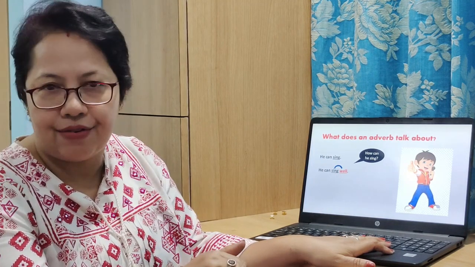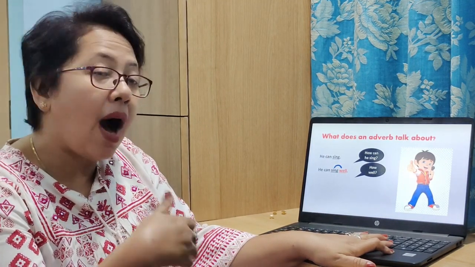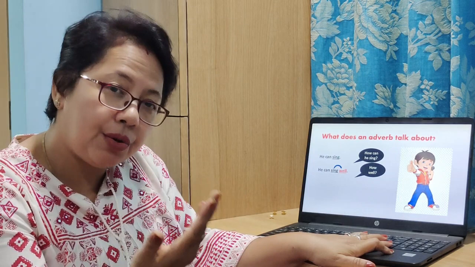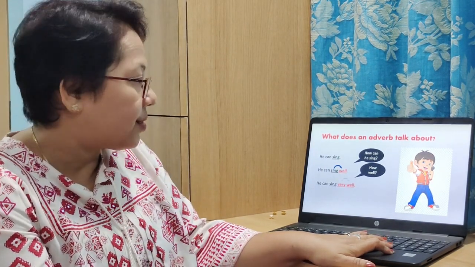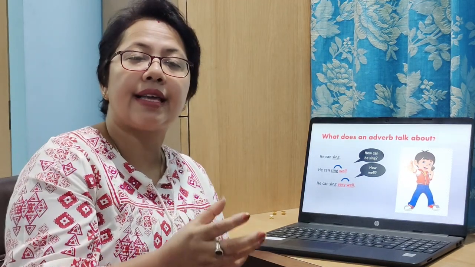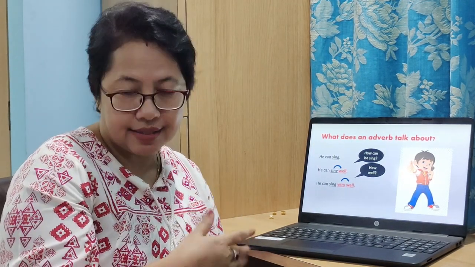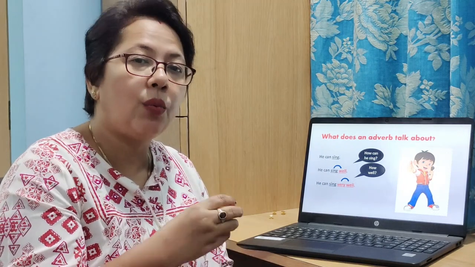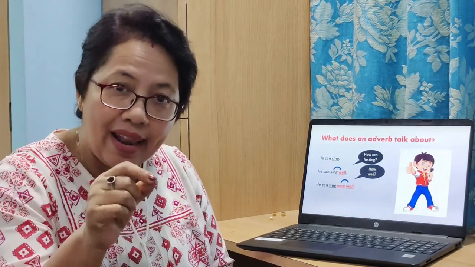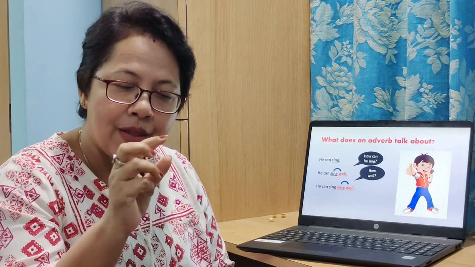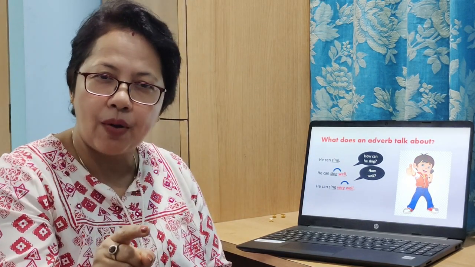Well is an adverb. Now, if I continue asking, how well does he sing? The answer is, he can sing very well. Then the word very is talking not about sing, but about how well. And well is an adverb. Very is talking more about well.